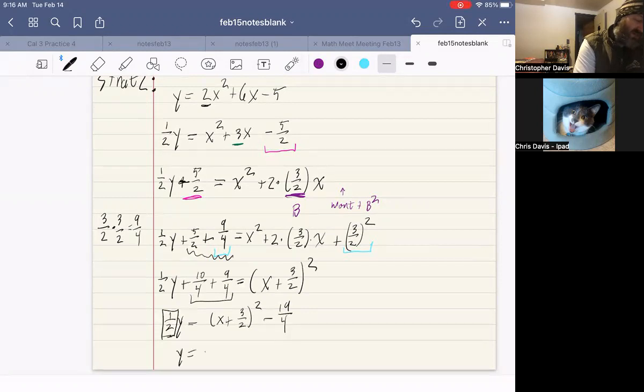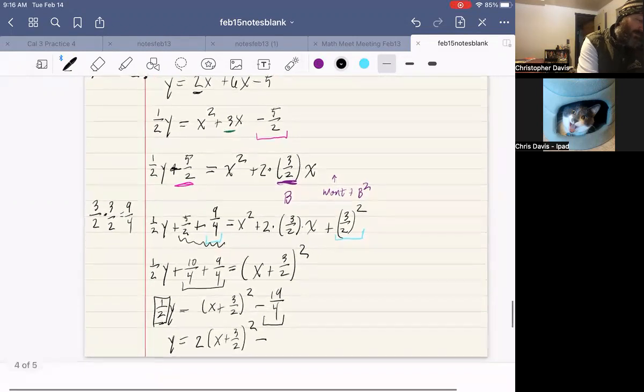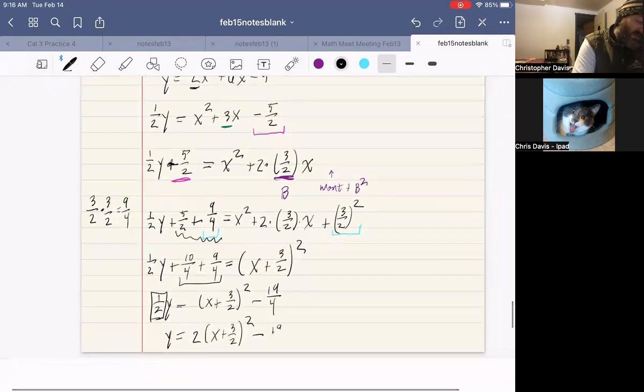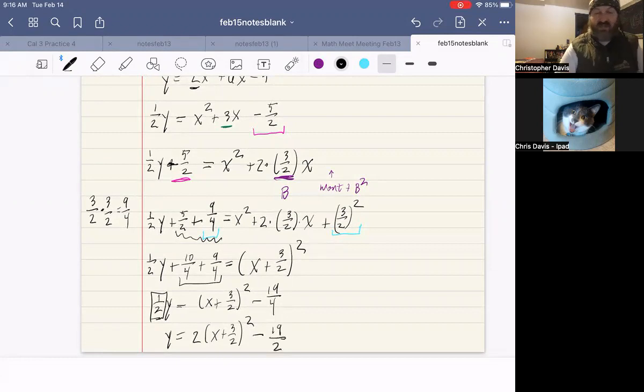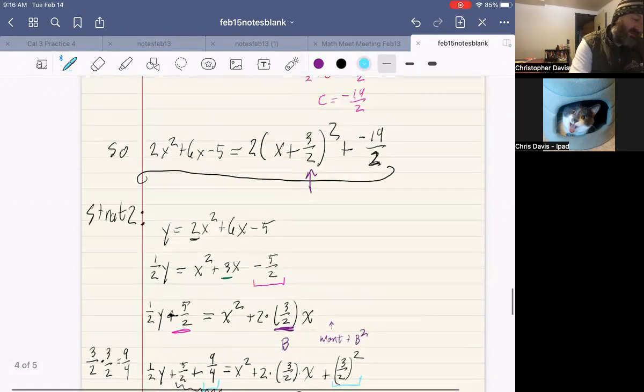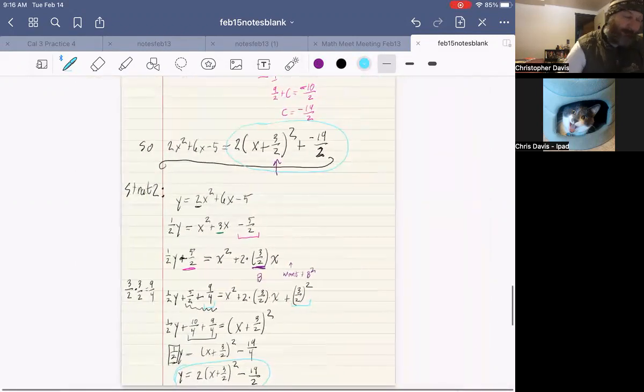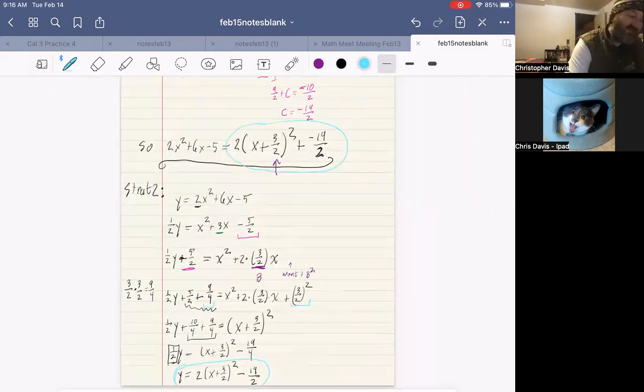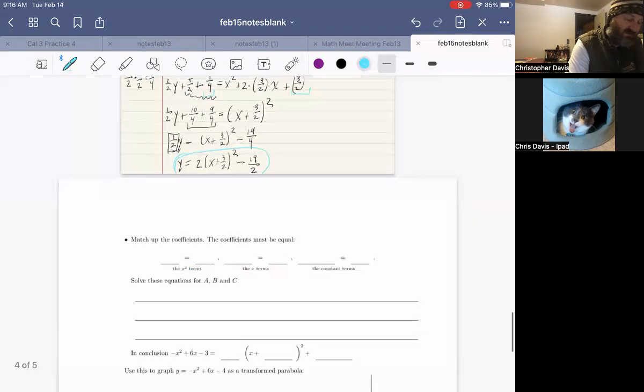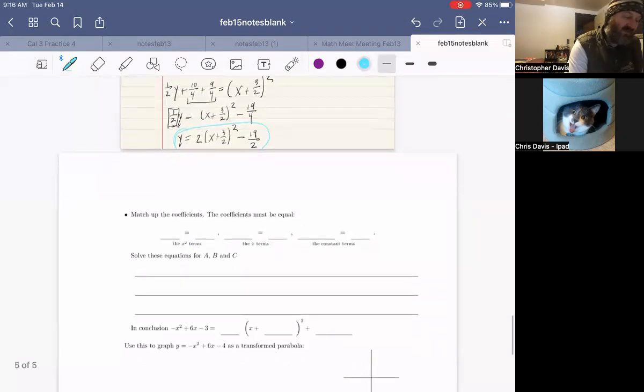Y equals 2 times x plus 3/2 squared minus, got to multiply this piece by 2 also, 19/2 after you multiply that by 2. So there's the result of completing the square. And again, it agrees with what we got previously. Cool. So the two strategies do give consistent answers, which is good. They should. It's the same thing.